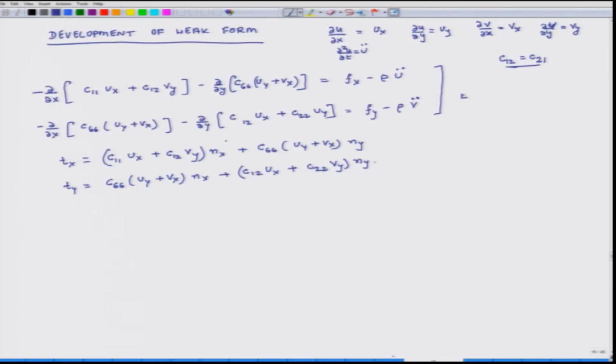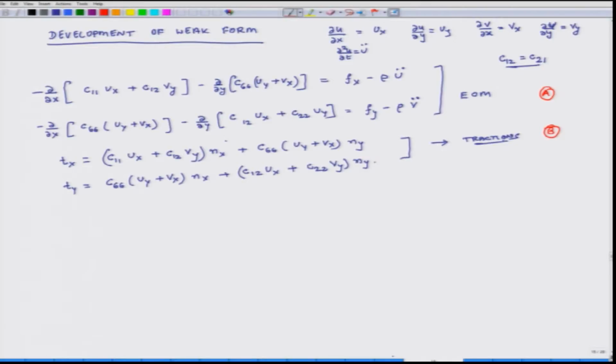So, these are equations of motion and these are for tractions. The second set of equations we will use later when we do the weak formulation. We have not yet started the weak formulation, but what we have done so far is that we now have a displacement based formulation. Everything is in terms of displacement based variables u and v. So, that is what we have accomplished. Let us call this equation A, and let us call these equations B.